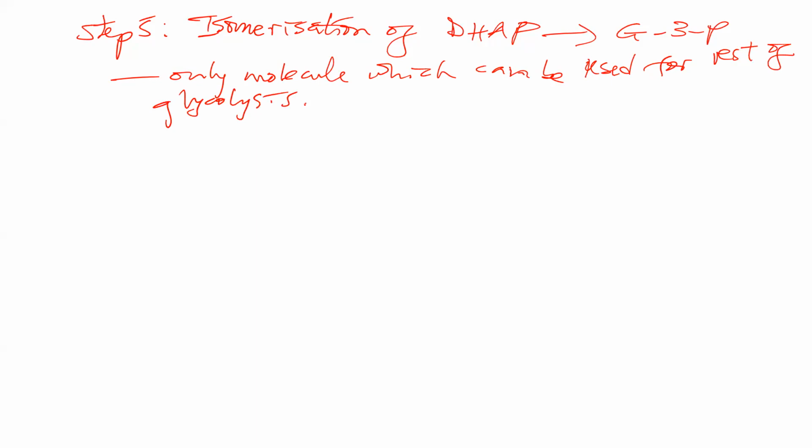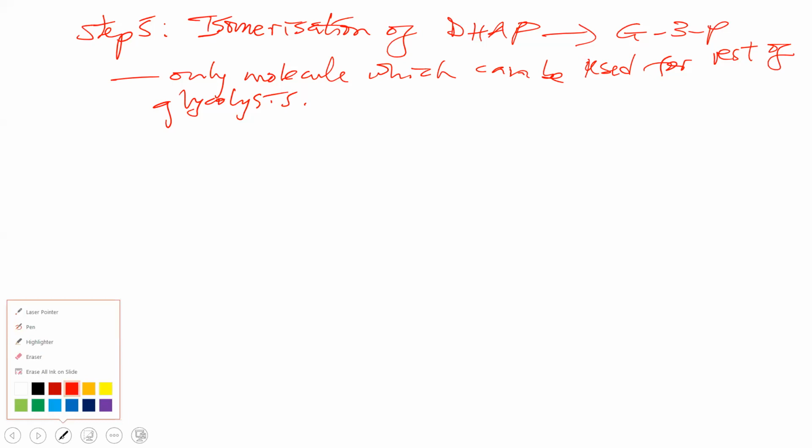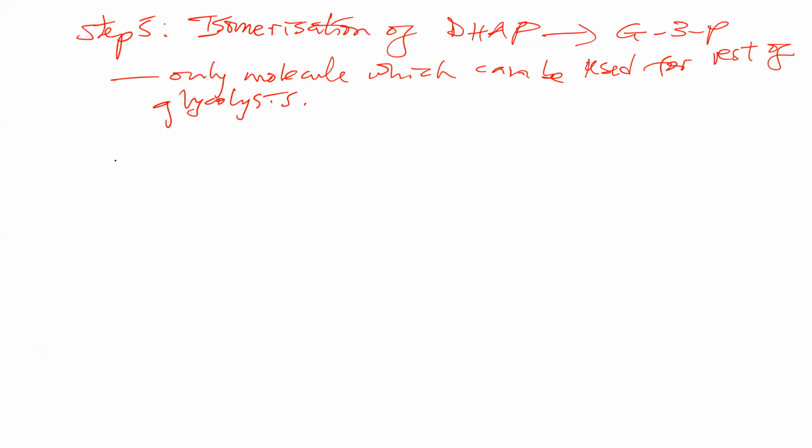So therefore, dihydroxyacetone phosphate is converted rapidly, via a reversible reaction, into glyceraldehyde 3-phosphate.